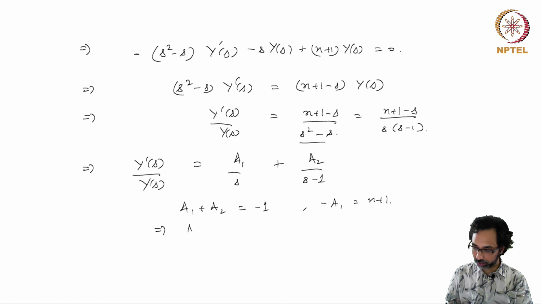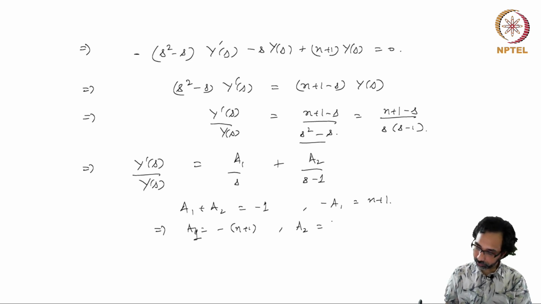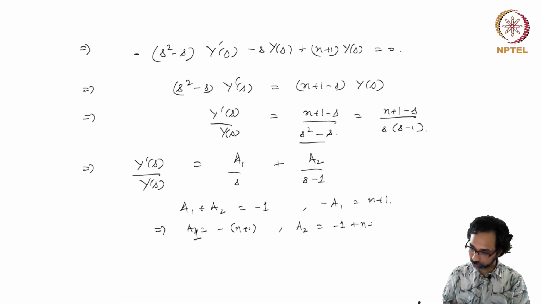So this implies that a1 is minus (n plus 1) and a2 is equal to minus 1 plus n plus 1, this is equal to n.